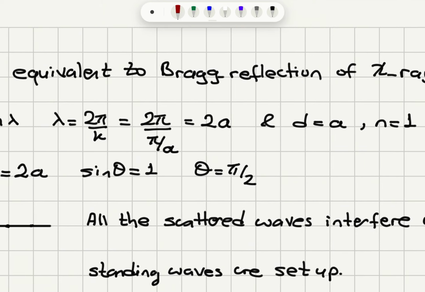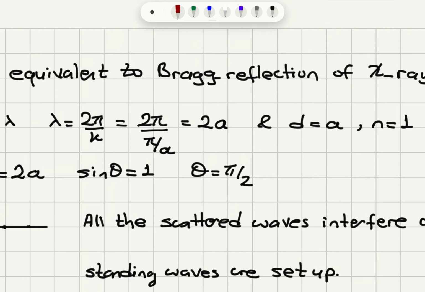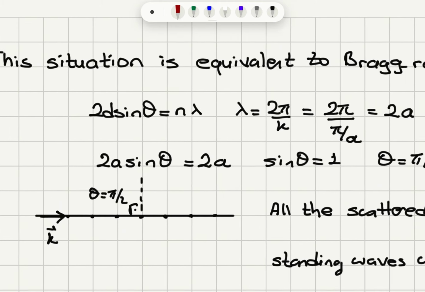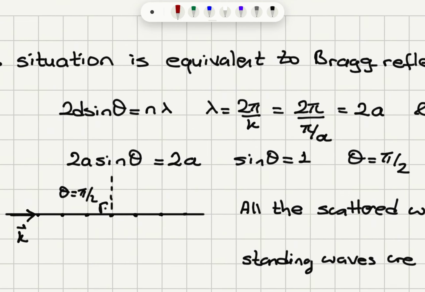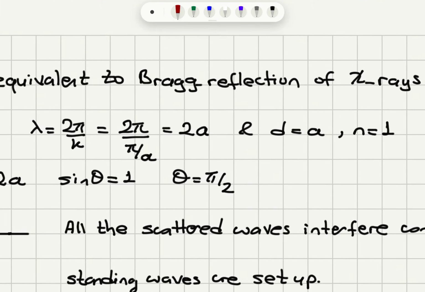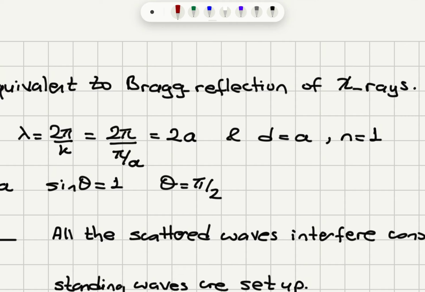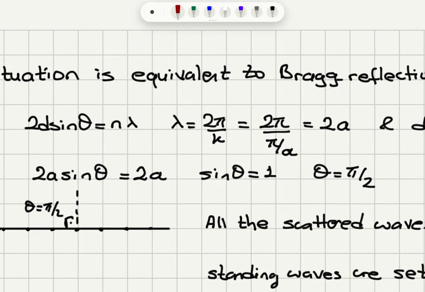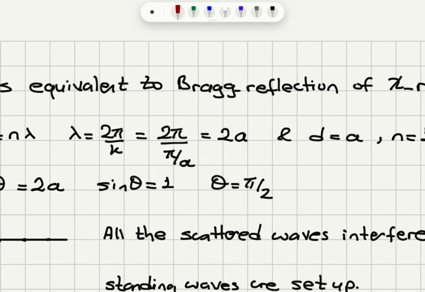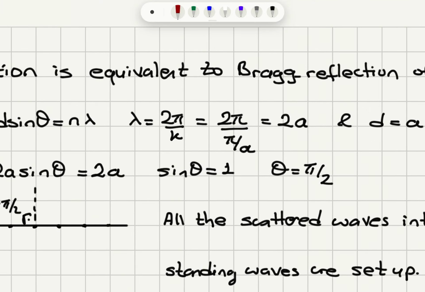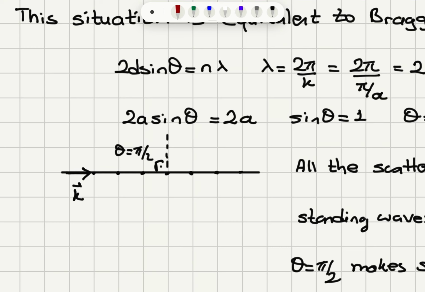So 2 pi divided by pi over a becomes 2a. So when the wavelength is equal to 2a, and the distance between the two planes is equal to one lattice constant a, I find that n must be equal to 1, which gives sine theta equal to 1, which means theta is pi over 2.